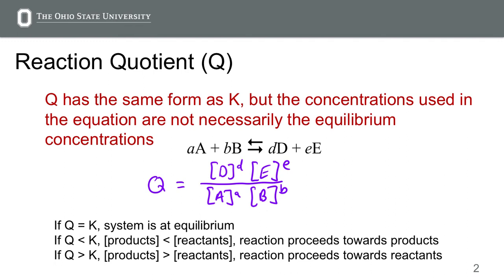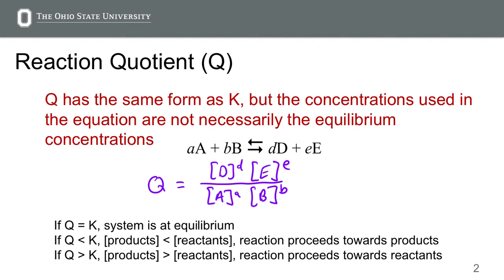We'll do some examples. We're often going to be comparing Q to the value of K. So we calculate Q and compare it to K. If Q is equal to K, the system is at equilibrium.